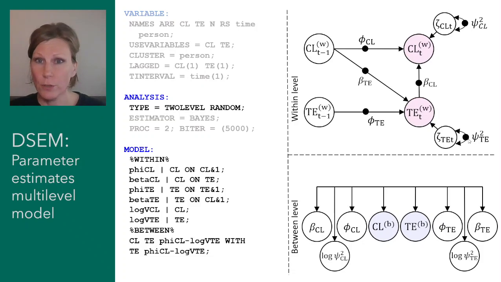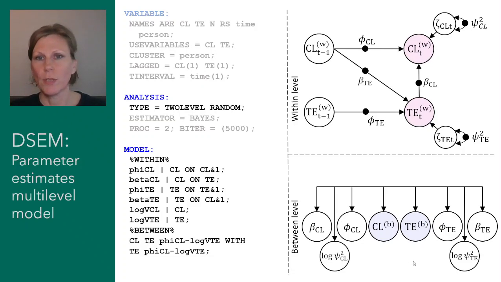Now these filled circles correspond to open circles at the between level. And what we see is that, for instance, this autoregressive parameter here for closeness is now a random variable here. And it's allowed to covary with the other random effects that we have at the between level.